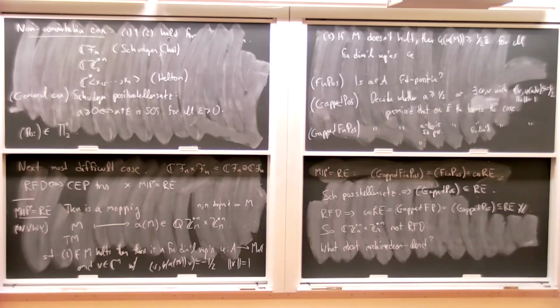Okay, so the conclusion out of that is that this problem of deciding positivity contains co-RE, okay? And that implies that this algebra is not Archimedean closed.